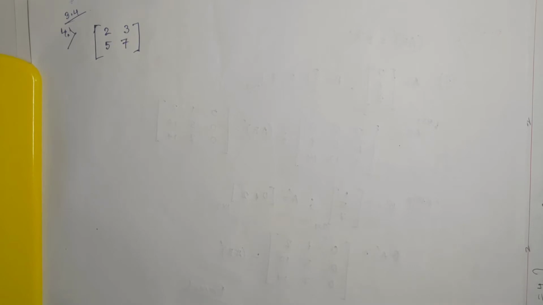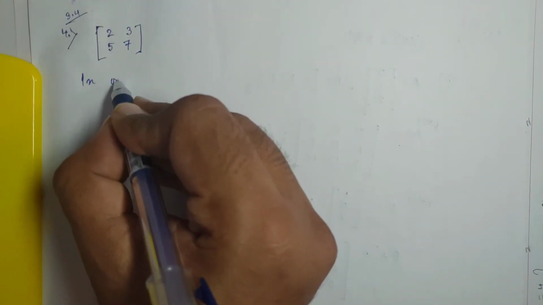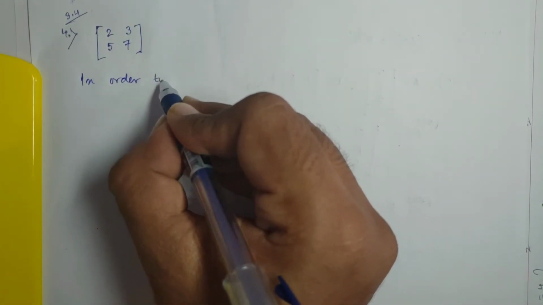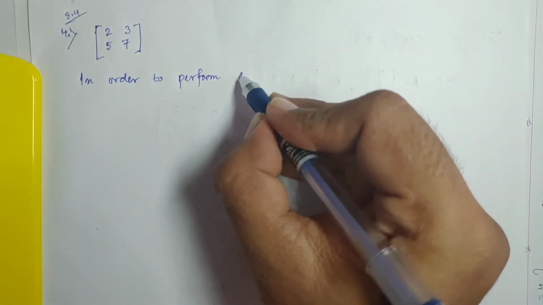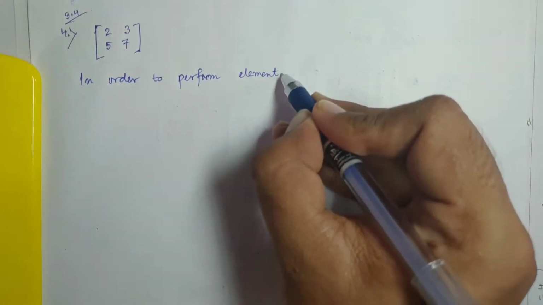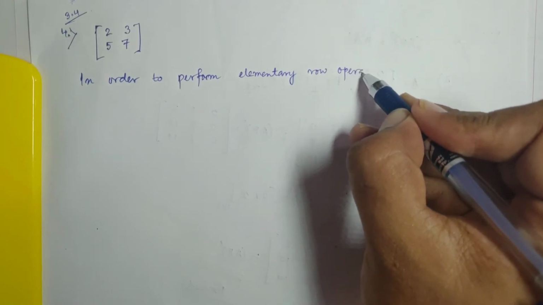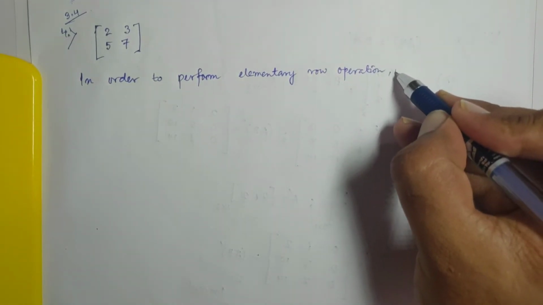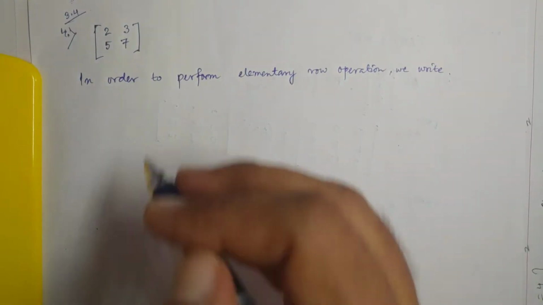Now look at it very carefully. In order to perform elementary row operations, we write, what do we write?